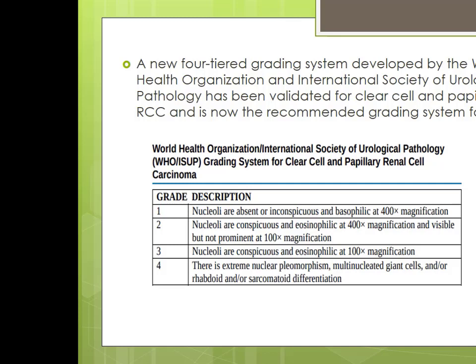Grade 1 is when the nucleoli are absent or inconspicuous and basophilic at 400 magnification. Grade 2, the nucleoli are conspicuous and eosinophilic at 400 magnification and visible but not prominent at 100 magnification. In grade 3, the nucleoli are conspicuous and eosinophilic at 100 times magnification. Grade 4 is extreme nuclear polymorphism, multinucleate giant cell, and or rhabdoid or sarcomatoid differentiation.